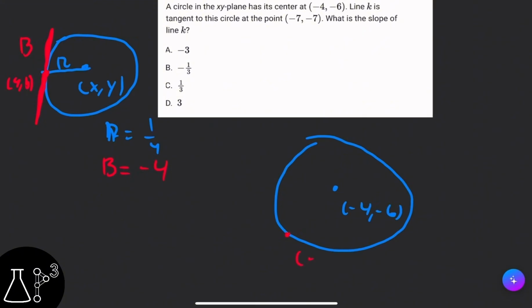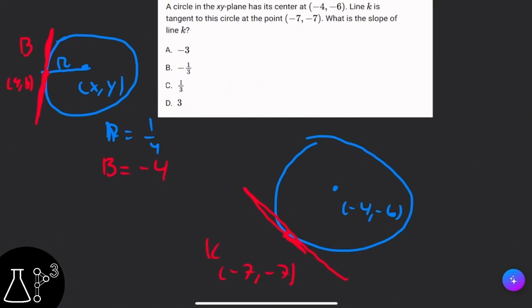Negative 7, negative 7. And then there's a tangent line right over here, and it's K right here. There's a line right there, K, through negative 7, negative 7.